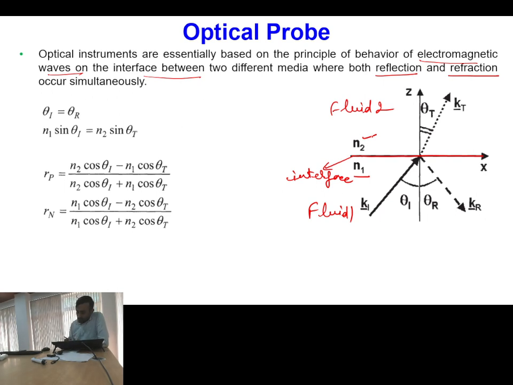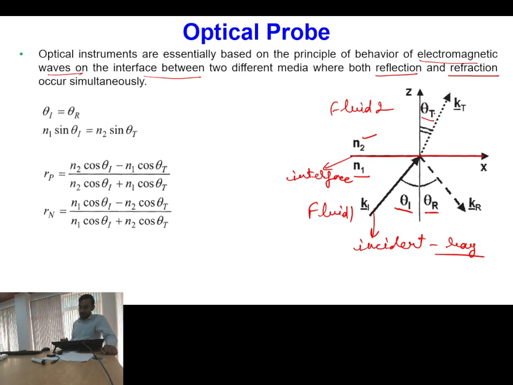Okay, now if I consider that this is my incident ray. Okay, so this is nothing but the incident ray. So this incident ray, if it is coming to this interface at an angle of theta i, okay, then I will have part of the ray which will be reflecting at an angle of theta r, and part of the ray which will be refracting at an angle of say theta t.